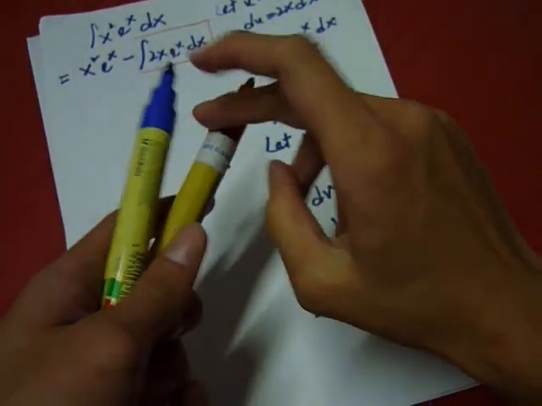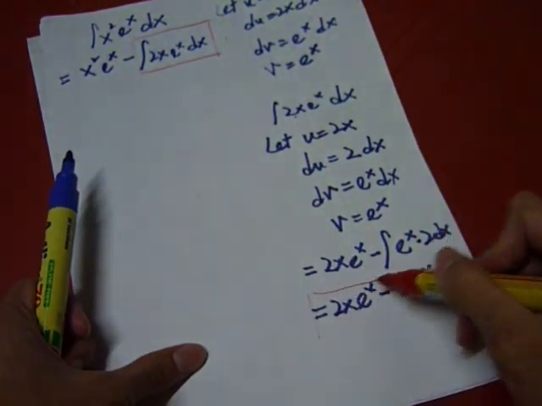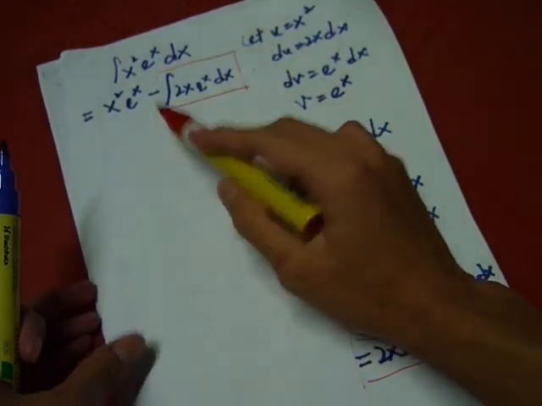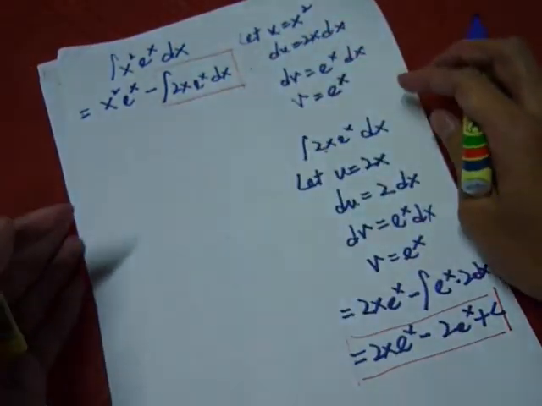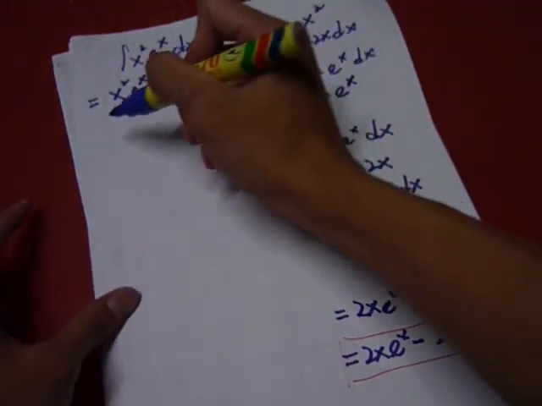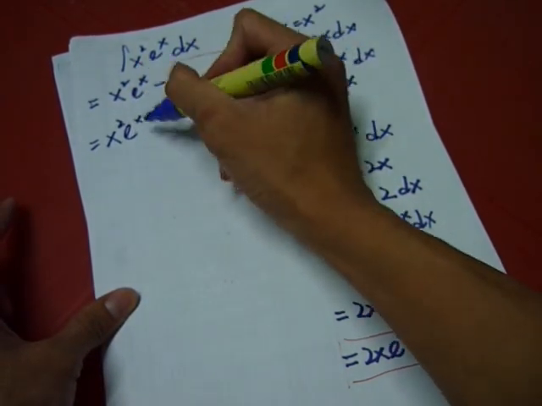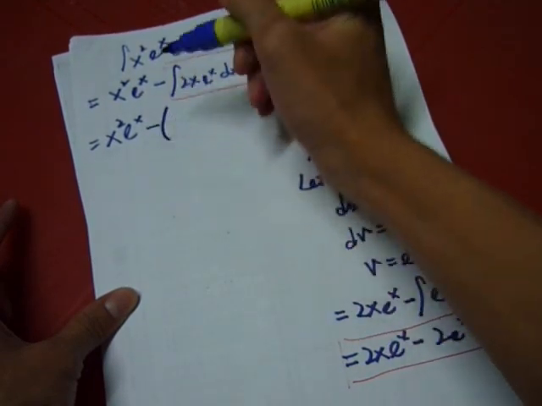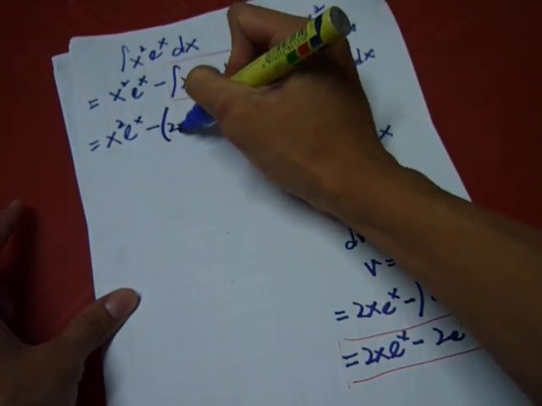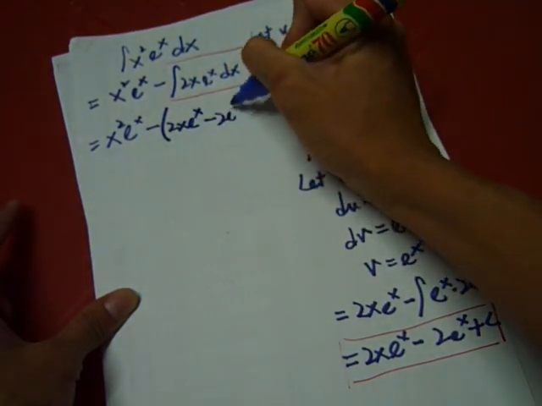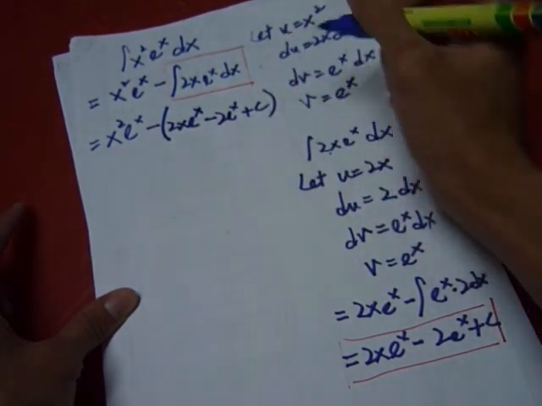So we substitute this back into the original question, and we'll get x squared e^x minus bracket 2x e^x minus 2e^x plus c.